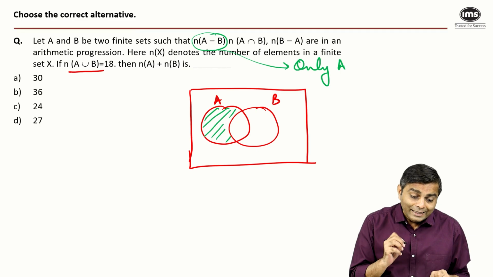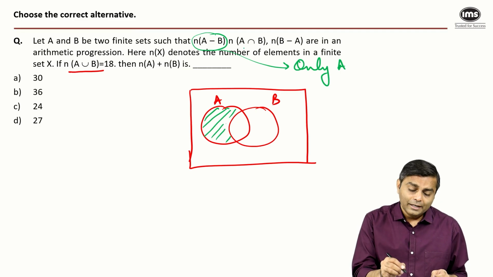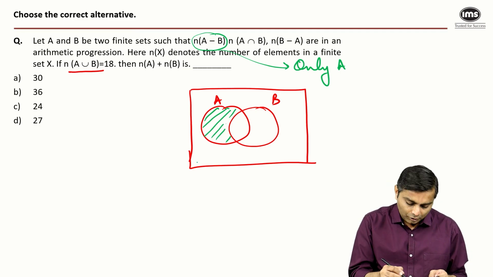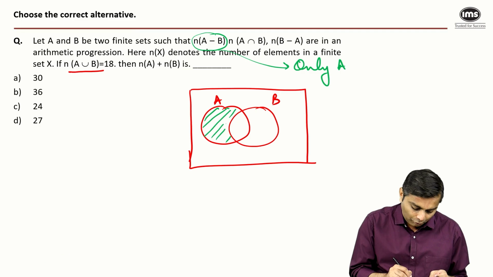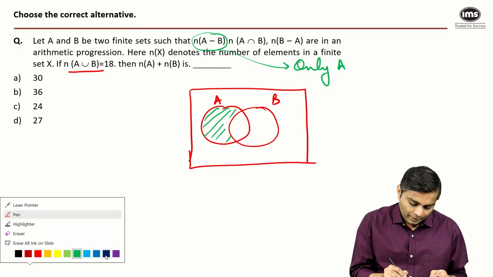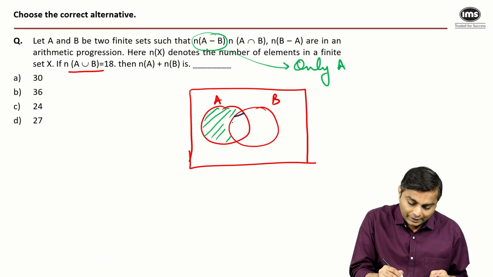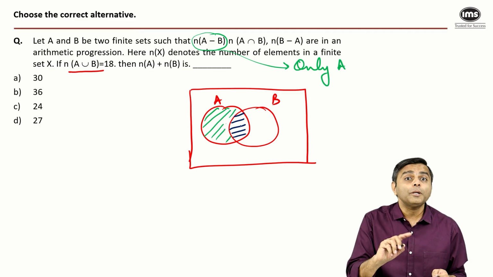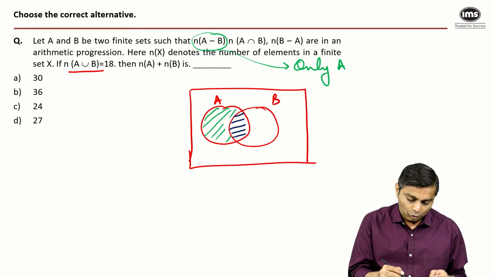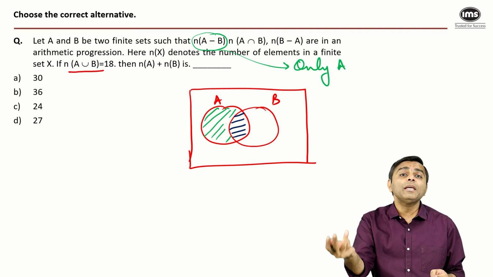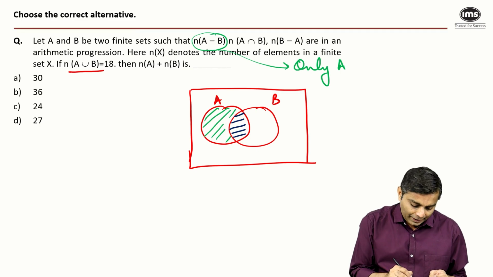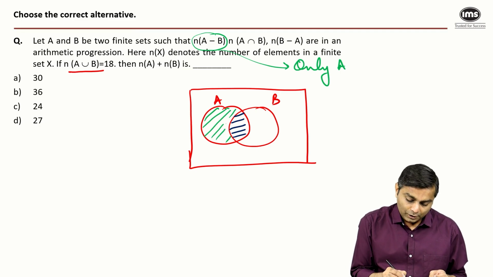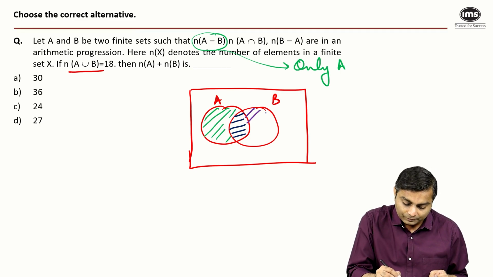Okay. Now what? Now A intersection B. A intersection B, of course, we know it is pretty straightforward. Let me just change the color. This is going to be my A intersection B, which is both A and B, common to both, correct? And B minus A obviously has to be what? Only B. So B minus A, only B, is this part, right?